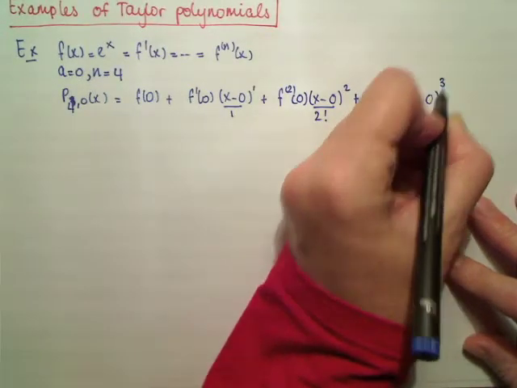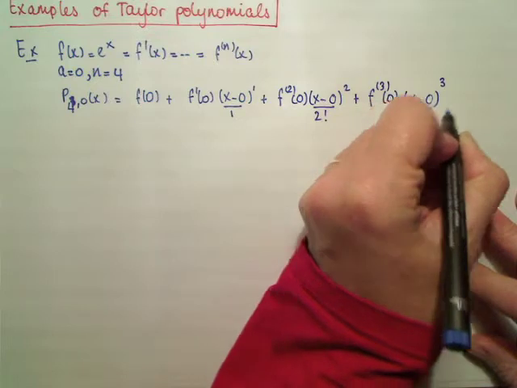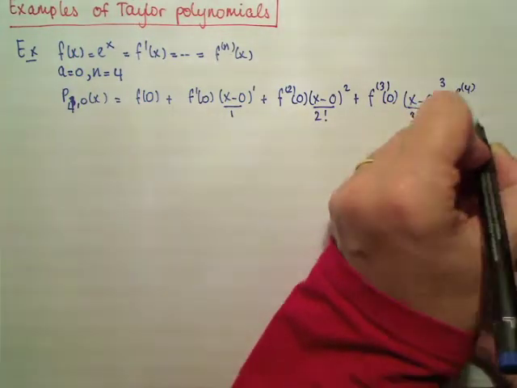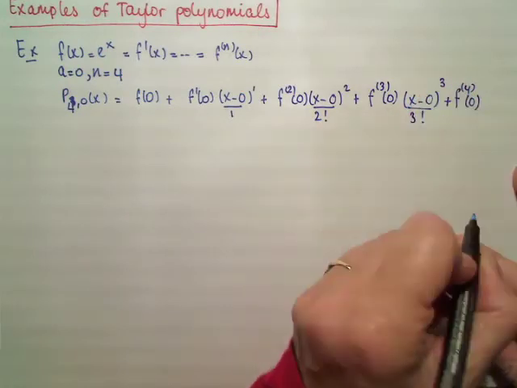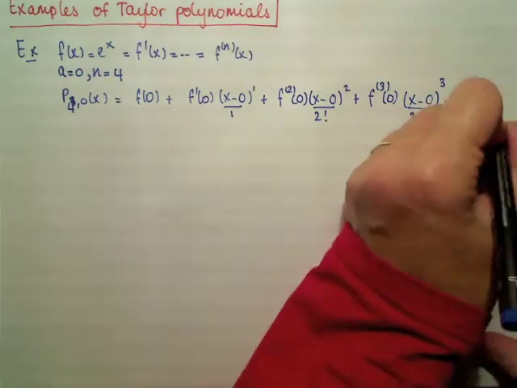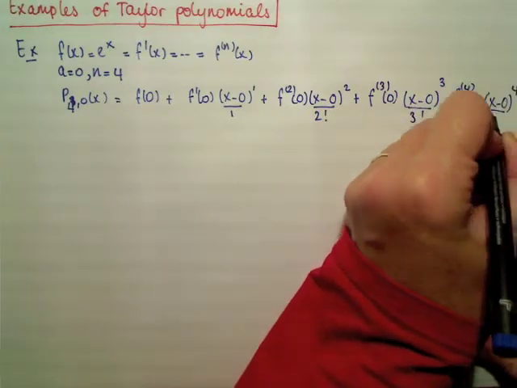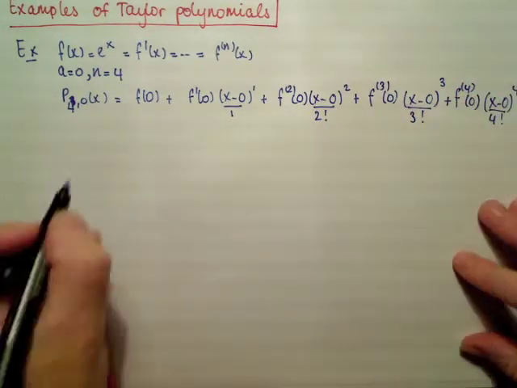and then as the last term the fourth derivative evaluated at the base point 0 multiplied by the difference between x and the base point to the power 4 divided by 4 factorial.